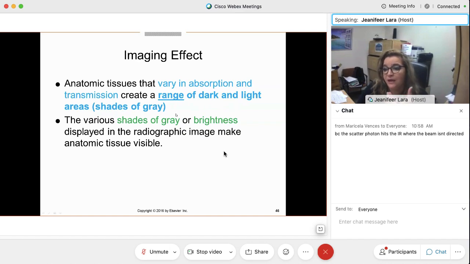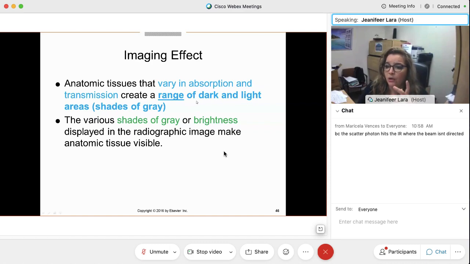That's the way that they appear on an image. Now remember, we're monochromatic. Black, white, and gray. So the various shades of gray or brightness will display and make anatomic tissue visible.